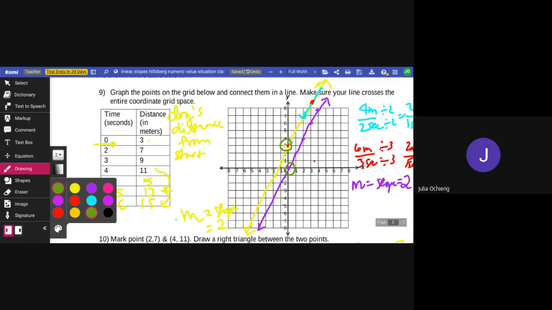So this number over here, wherever the y-intercept is, that's actually the start point, because that's when your time, or whatever the first number is, is 0. So whenever the time is 0, whenever the x value is 0, that's your start value. So that number is called the y-intercept.